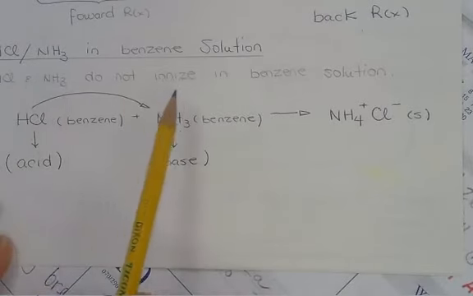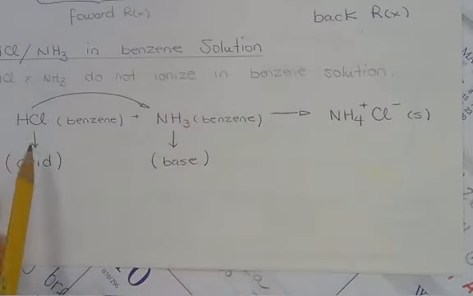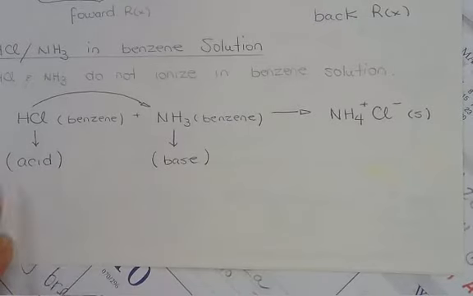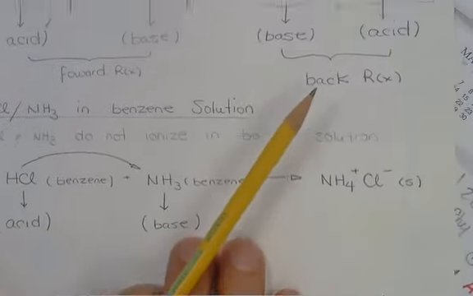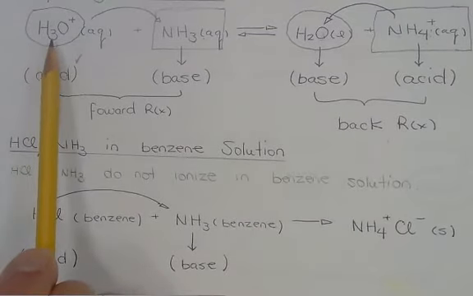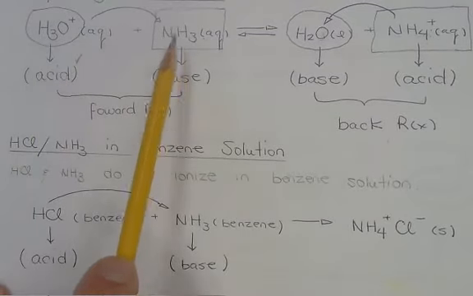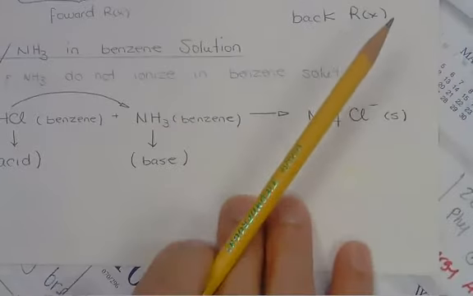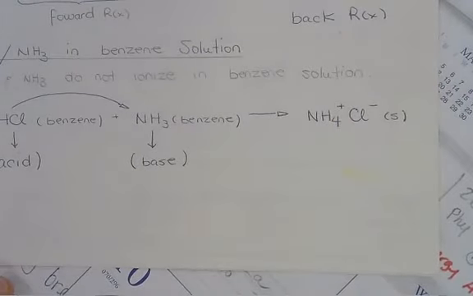Okay. Neither one of them ionizes in benzene, so they stay in exactly their original form. Up here, the HCl ionized to give you hydronium ion, and the ammonia stayed the same. Down here, both of them are their original molecular form.